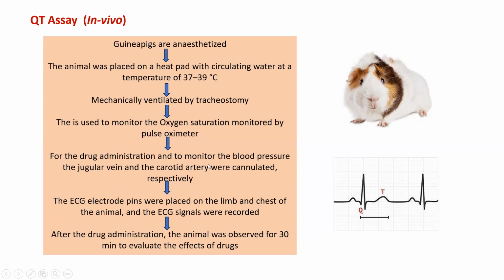Regarding this particular part, I have already posted one video on rat blood pressure, where you can observe how the jugular vein is cannulated and how the carotid artery is cannulated. Then ECG electrode pins are placed on the limbs and chest of the animal, and ECG signals are recorded. After the drug administration, the animal is observed for 30 minutes to evaluate the effect of the drugs on the QT interval.